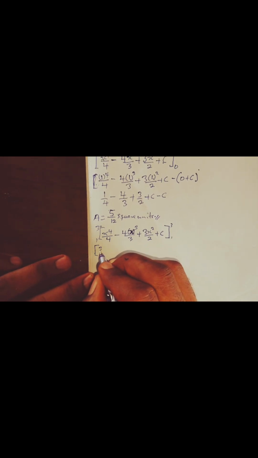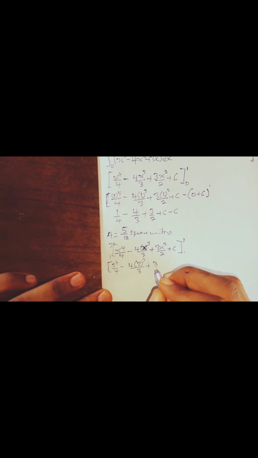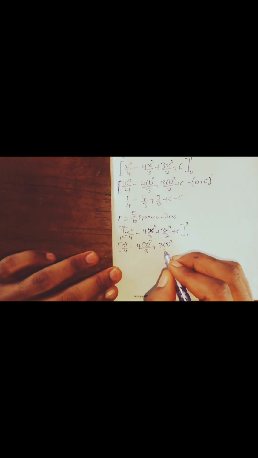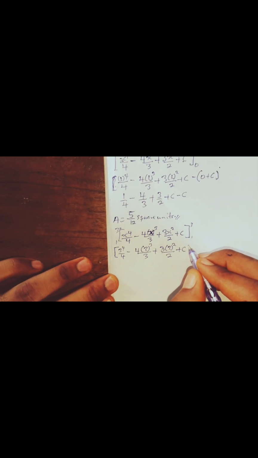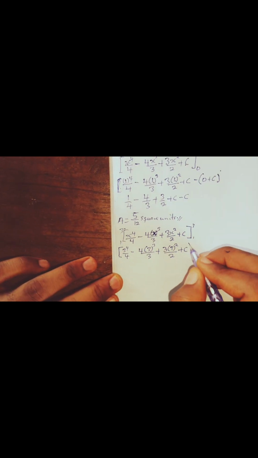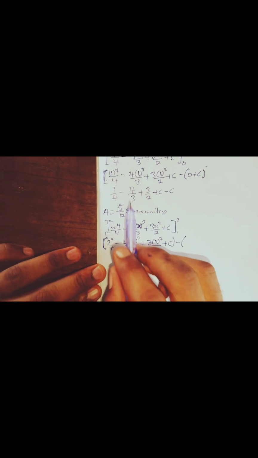3, 1. So now let me put the numbers in. So I have something like s is 3, so 3 power 4 over 4 minus 4. X is 3, 3 power 3 all over 3 plus s is 3, 3 power 2 here all over 2, then plus c. Minus, I need to put 1. And I solved 1 already.